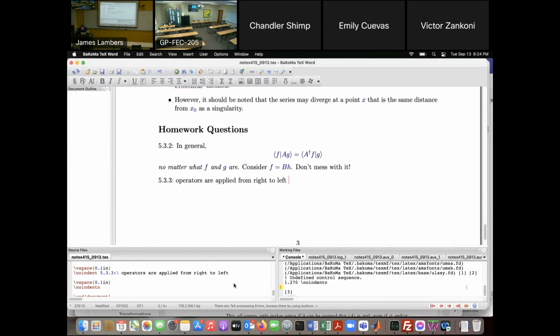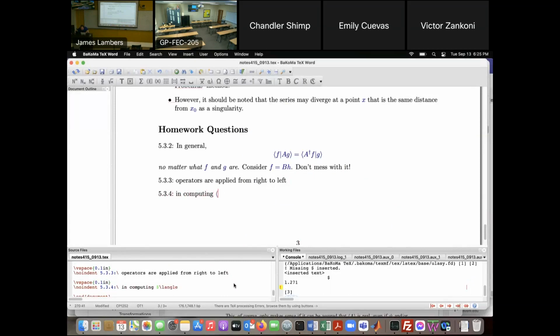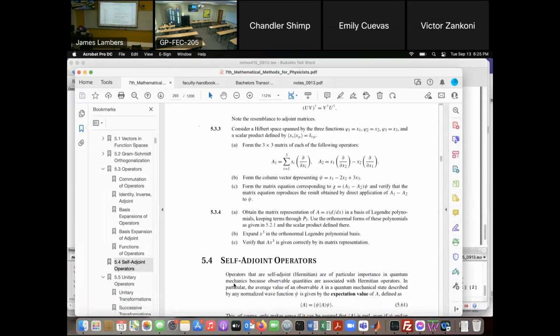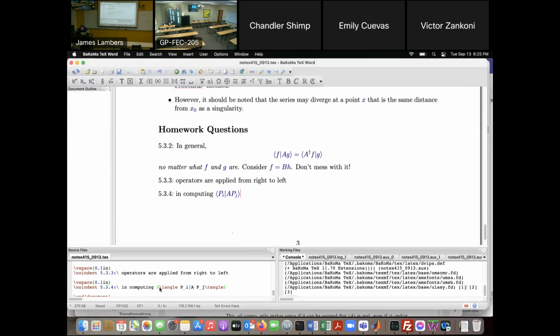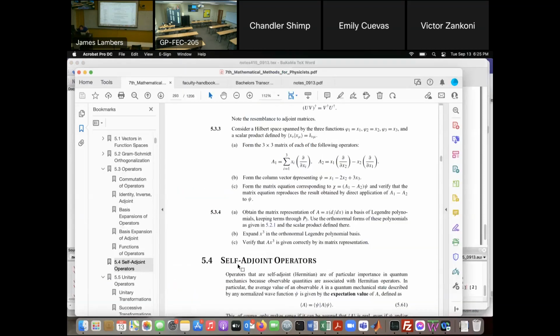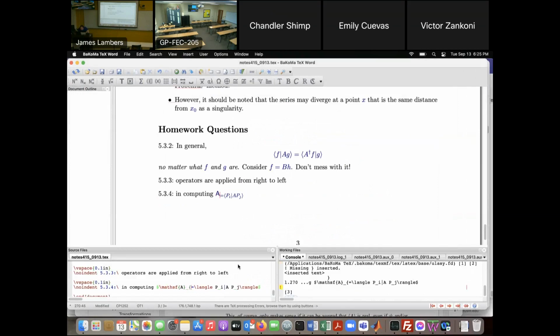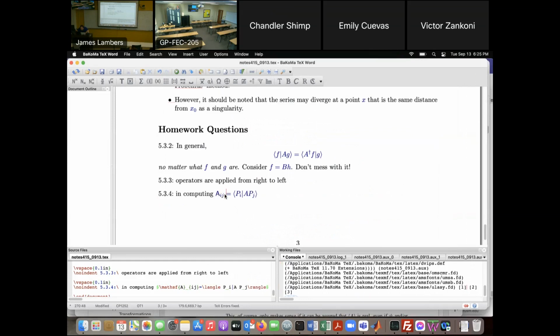So what you're referring to is going to be using this funny A to refer to the matrix as opposed to the operator, just like the textbook does.